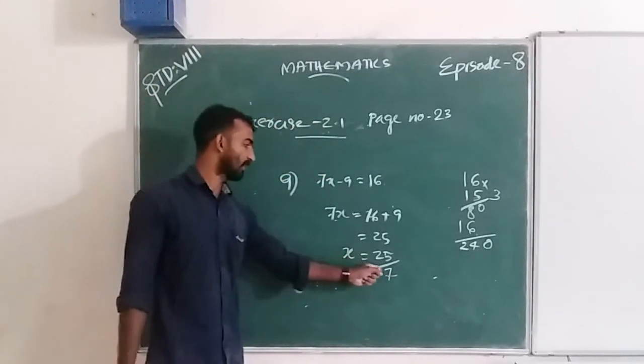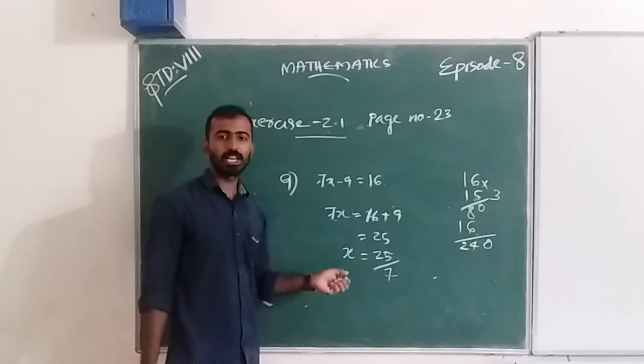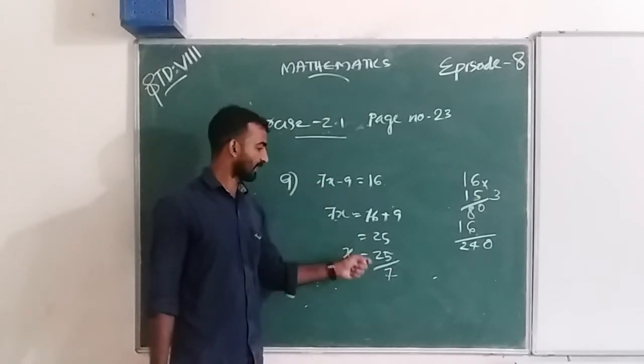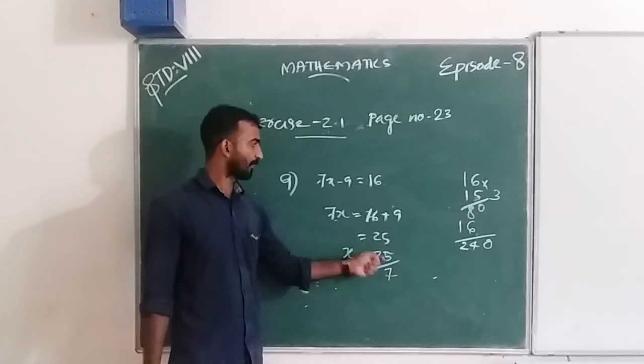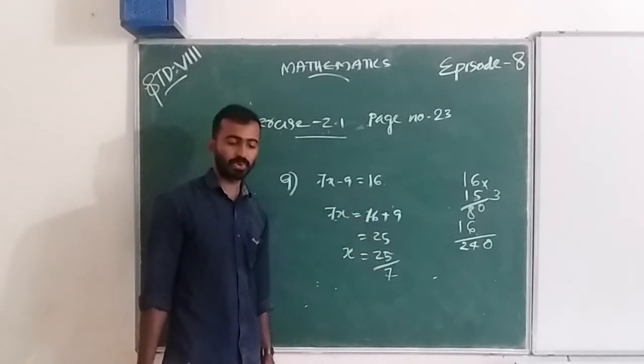When we give the value 25 by 7 to x, 7 into 25 by 7 minus 9, what do we get? The 7s are cancelled, that is 25 minus 9, we get the answer 16, that is equal to the right side.